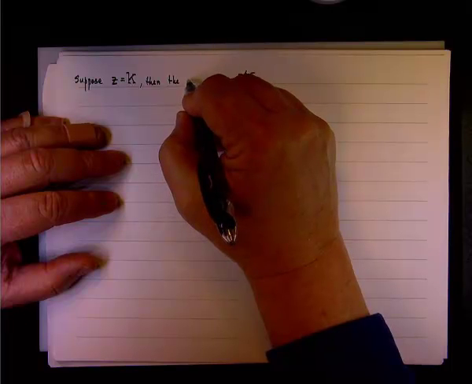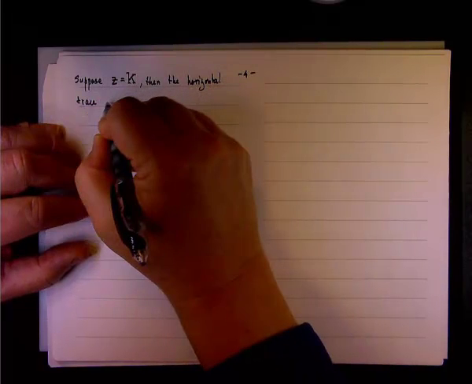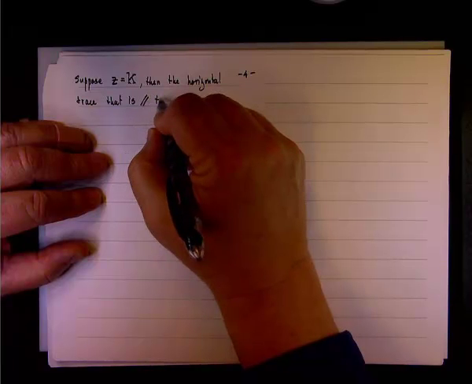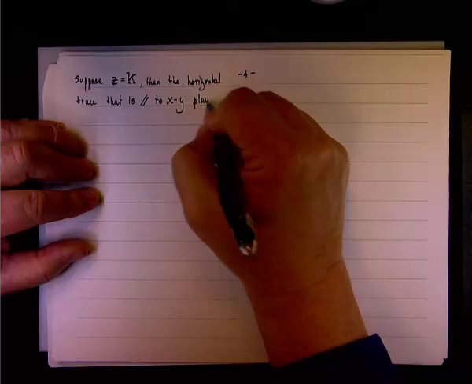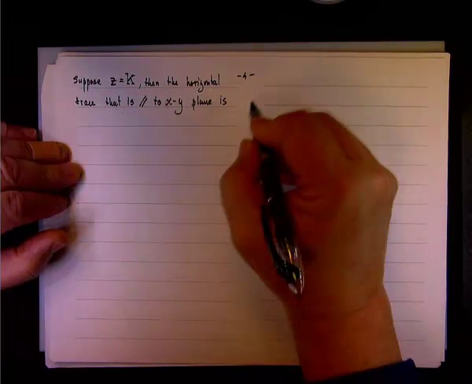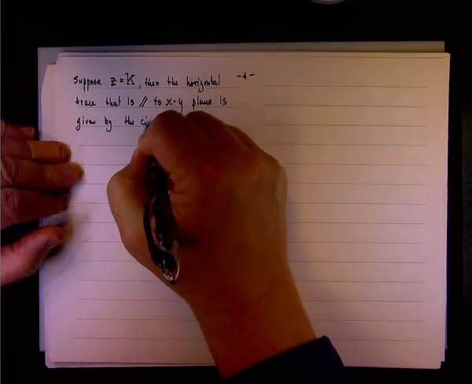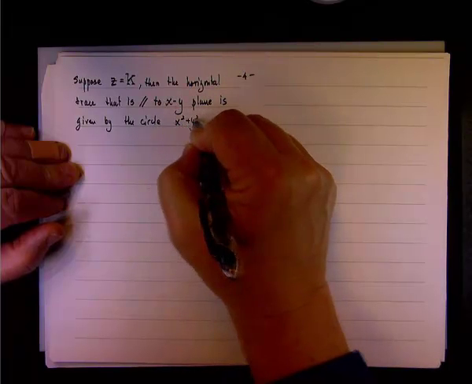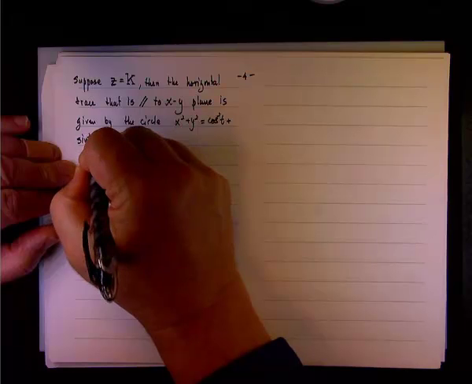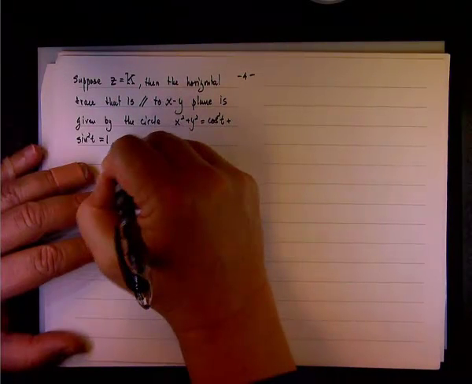Then the horizontal trace that is parallel to the xy plane is given by the circle, x squared plus y squared equals cosine squared t plus sine squared t, and that equals 1.